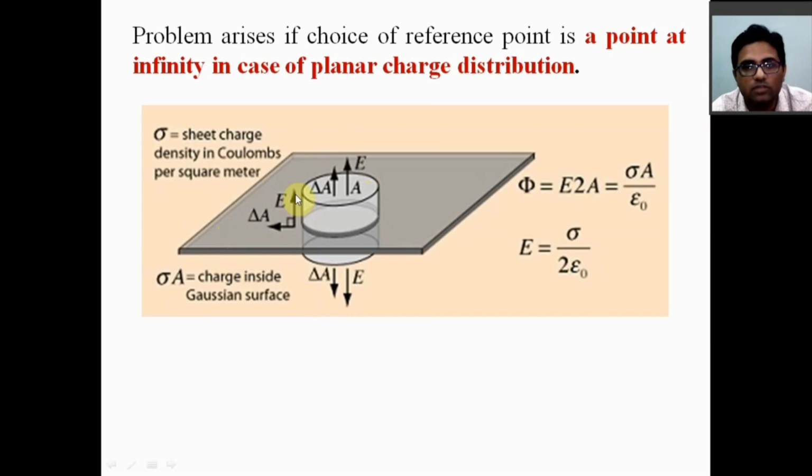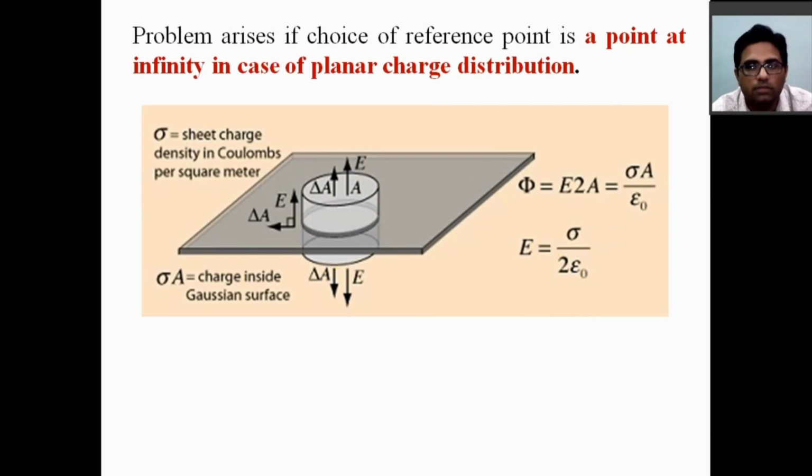If the area of the flat surface of the pillbox is capital A, then the total flux is the magnitude of the electric field multiplied by 2 times the area of the flat surface. Here sigma is the surface charge density of this planar charge distribution, so the total charge enclosed by the Gaussian surface is sigma into A. So we get the electric field as sigma by 2 epsilon naught.